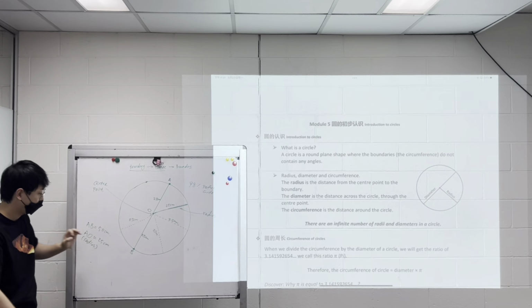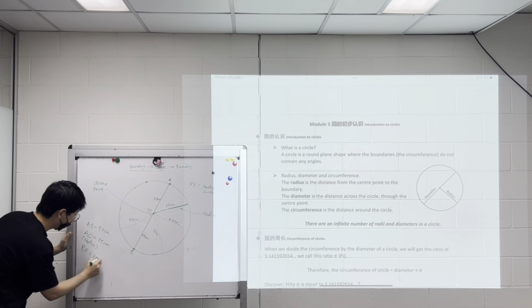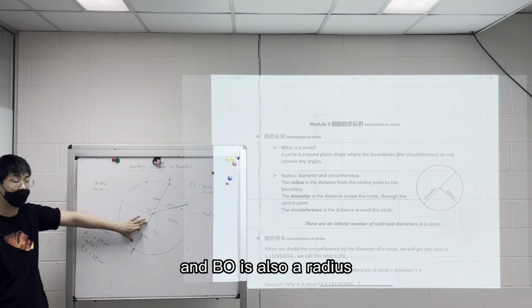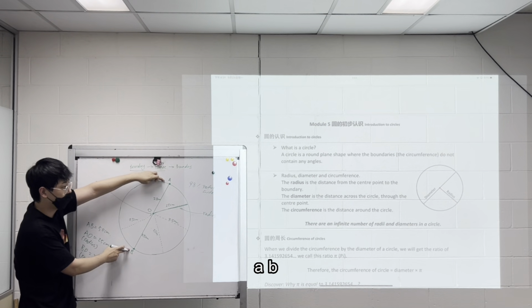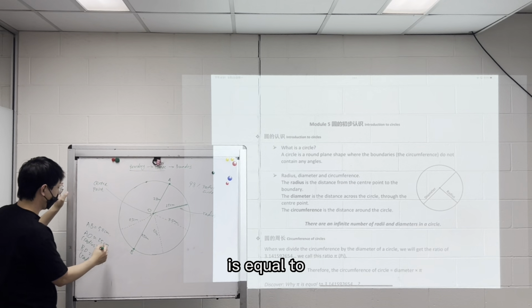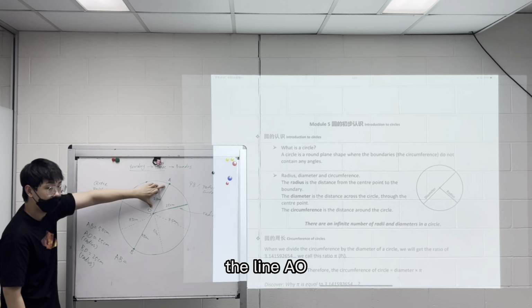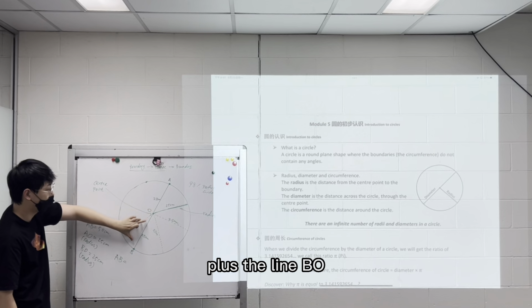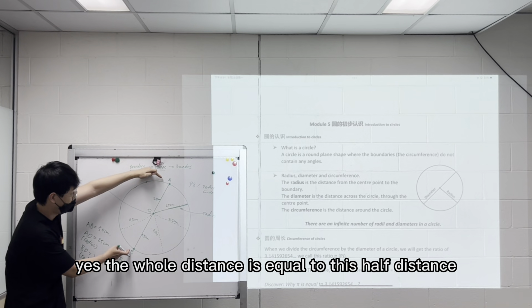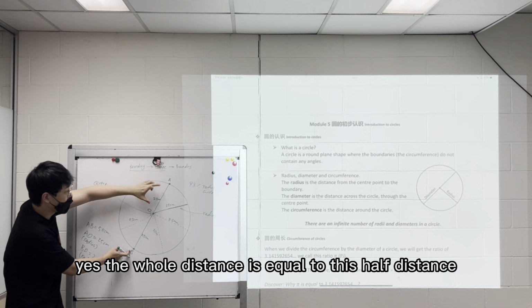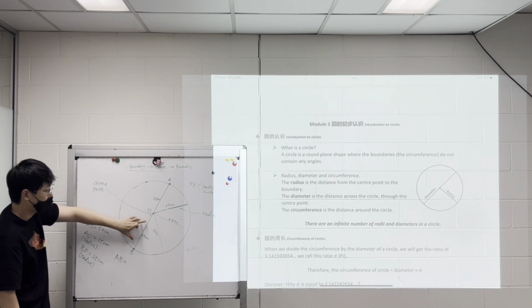BO is 25 as well, and BO is also a radius. Right? AB is equal to the line AO plus the line BO. Can we say that? Yes. The whole distance is equal to this half distance plus this half distance.